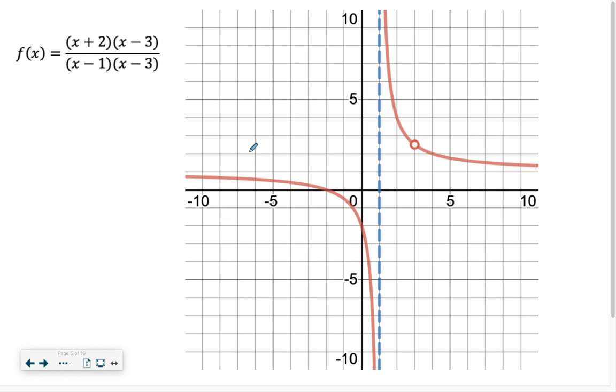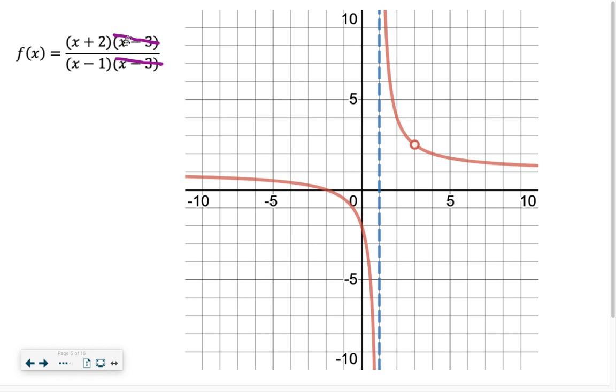This function here, x plus 2 times x minus 3 over x minus 1 times x minus 3, I could cancel out these factors, right? The x minus 3 and the x minus 3. If I am able to cancel out a set of factors, I'm just going to graph whatever's left. So in this example, this red curve is just x plus 2 over x minus 1.